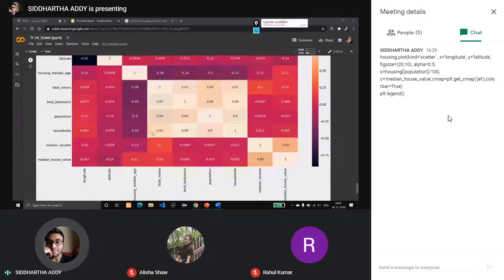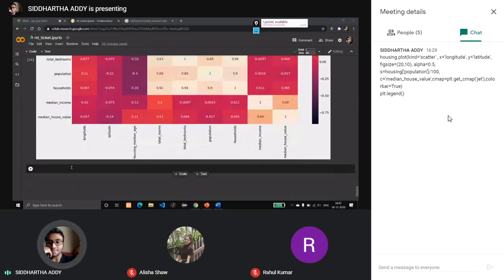Let's look at some of the more stuff that we have here. As I said, total rooms and total bedrooms are not very correlated with the data, but we want them to be a little bit correlated, right? So what can we actually do? Can we do anything? Let's think. We have 10 attributes, right? So what can we do here?